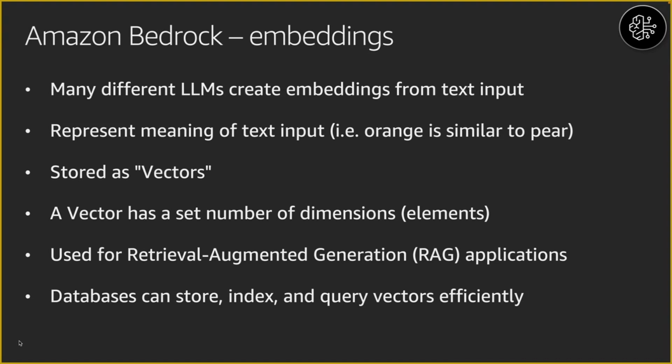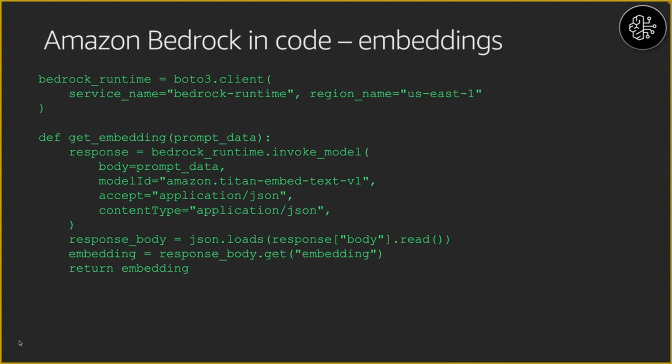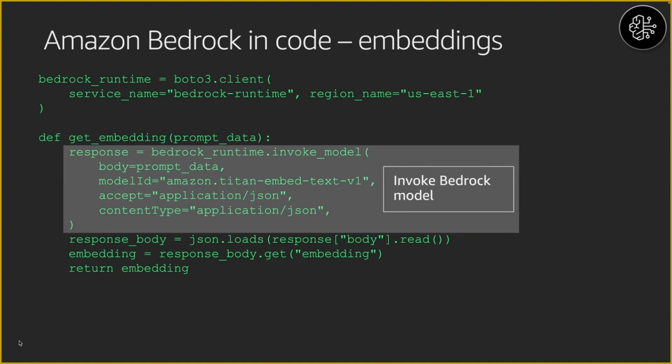In this demo, it will show actually querying the vectors and how you can index them to improve performance. This is the code that does the vector embeddings. It's very similar to the previous example, but this time I'm using Amazon Titan embeddings, invoking that particular model and passing in a prompt.